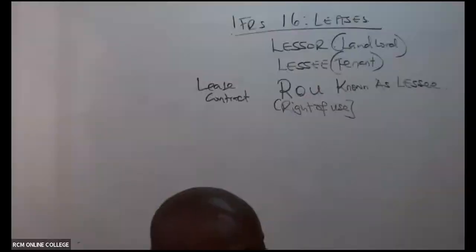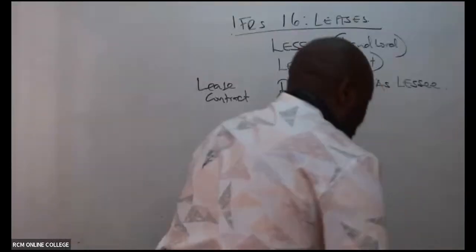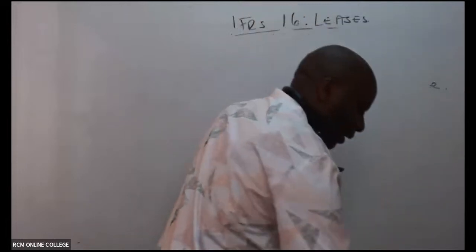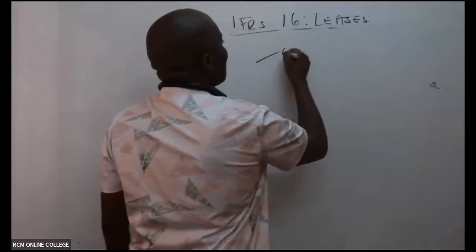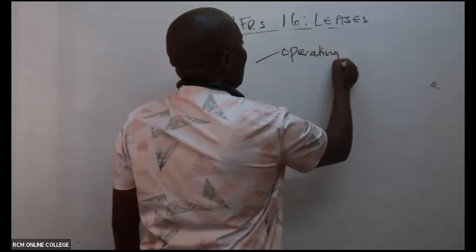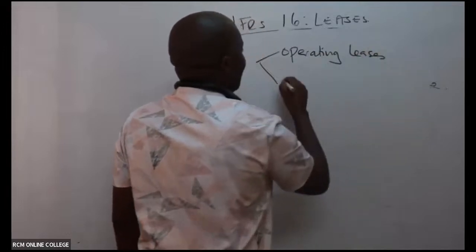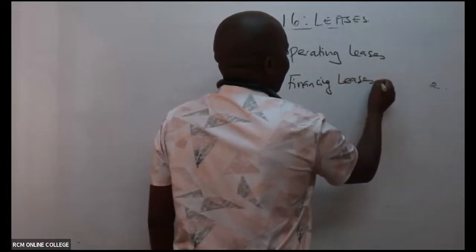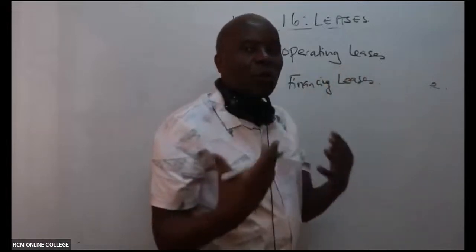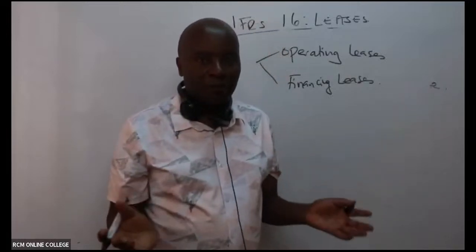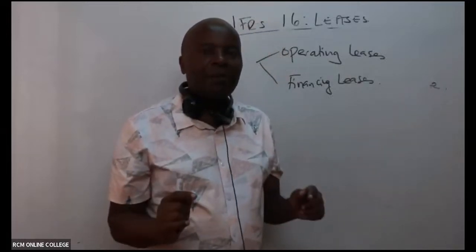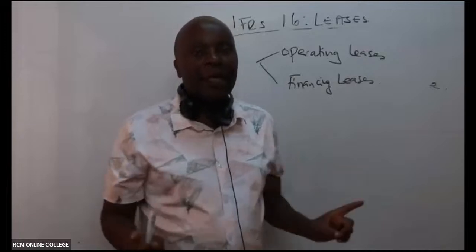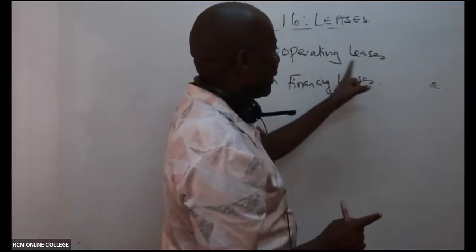Remember, the old lease standard used to classify leases as operating leases or finance leases. Operating leases were the ones they called short-term, and because they were short-term, they were not included in the balance sheet. They were expensed in the income statement.